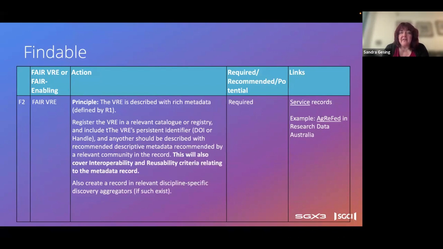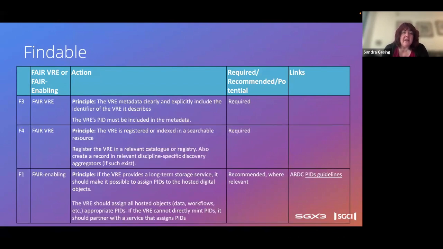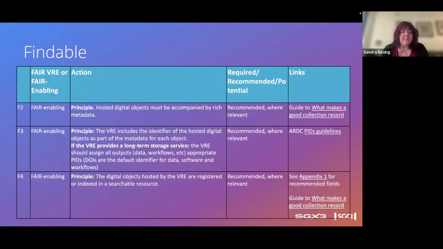And we have here more examples for the different principles, that the VREs are described with rich metadata, or the metadata clearly and explicitly included in the identifier for the VRE. And as I said, we also looked at what is really required, what is recommended, where it's relevant. So there are different levels: required, recommended, or potential.